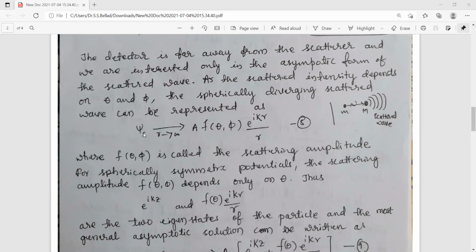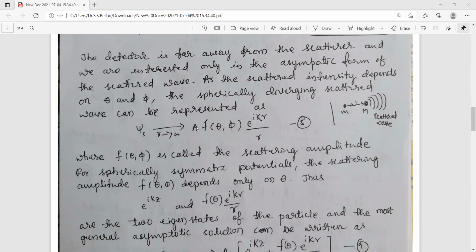So here psi s represents the scattered wave. This is at r tends to infinity. That means this is the case when this r is sufficiently high between the two particles, and this is equal to a into f of theta comma phi into e raised to ikr divided by r.